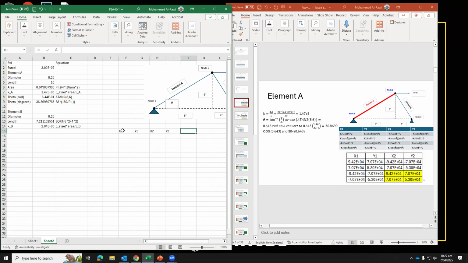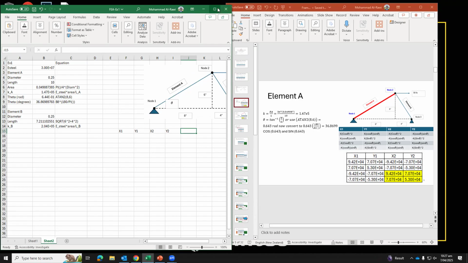We're doing the analysis for each node. So x1 and y1 are for the first node, node 1, and x2 and y2 are for node 2, because that element A is between two nodes, node 1 and node 2. So each node has two components, one in the x direction, one in the y direction.